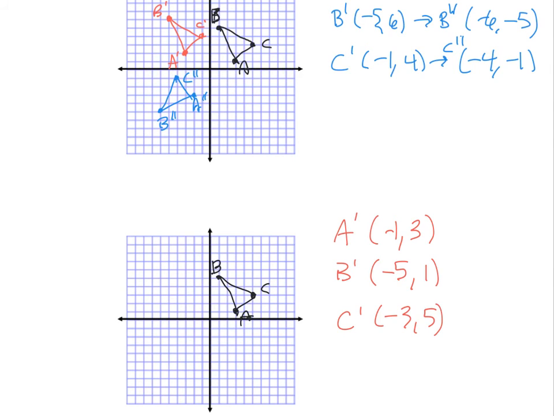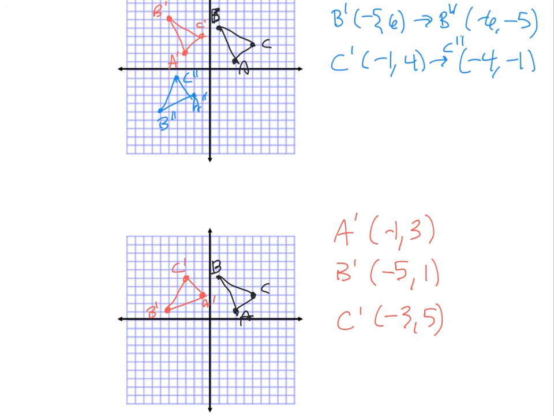And if I graph those points, A prime is at negative 1, 3. B prime is at negative 5, 1. And C prime is at negative 3, 5. So that's A prime, B prime, C prime. And now we're going to do the translation, which is moving us to the left 6 and up 1.